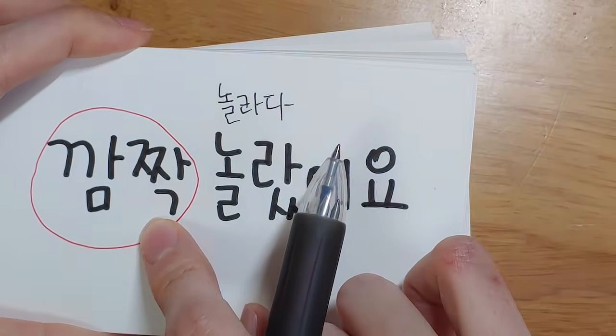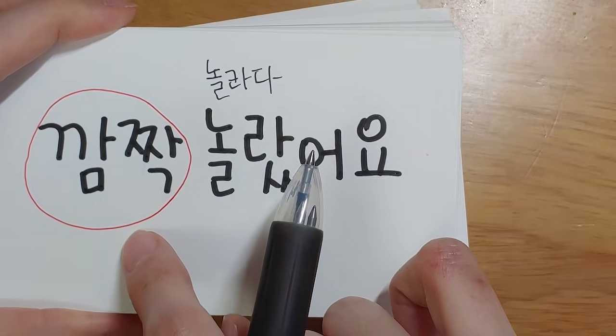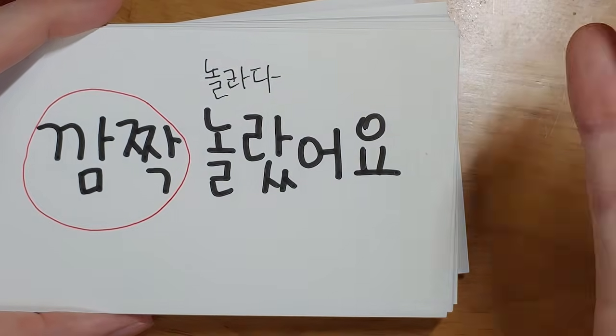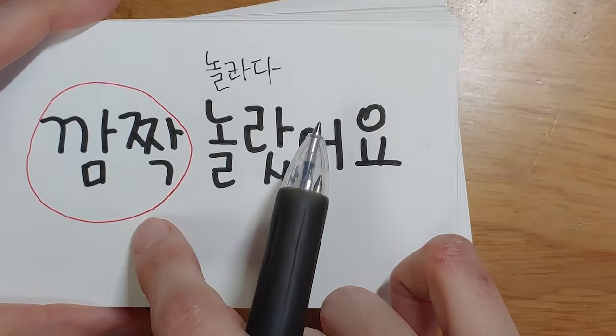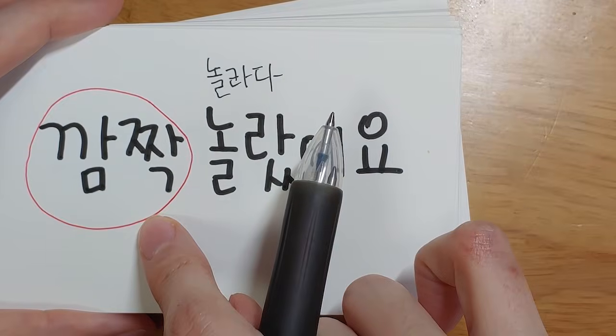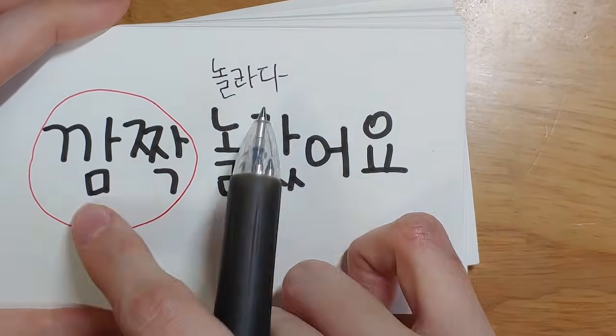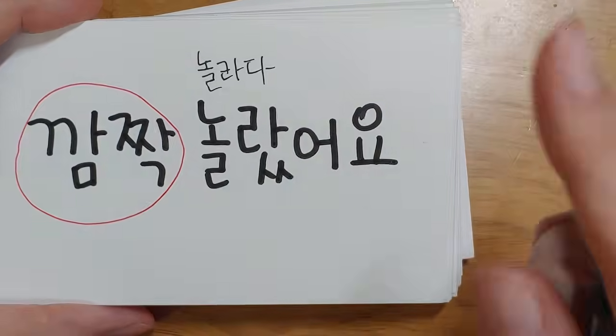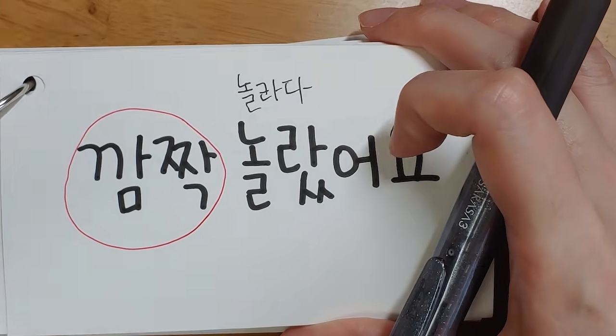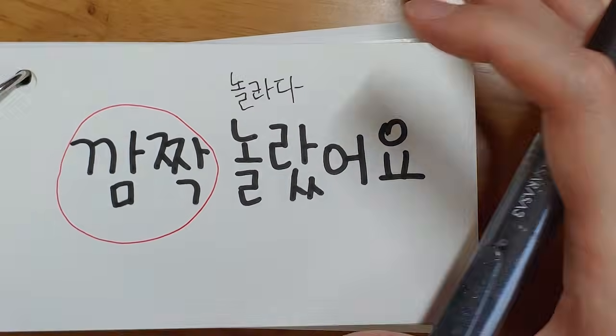This 깜짝 is an adverb and an idiophone that means very surprised. But in itself, it doesn't mean very, because it only means very when it follows the 놀라다 verb. These kinds of words are called idiophones, and there are a couple of examples in Korean, and this is one of them.